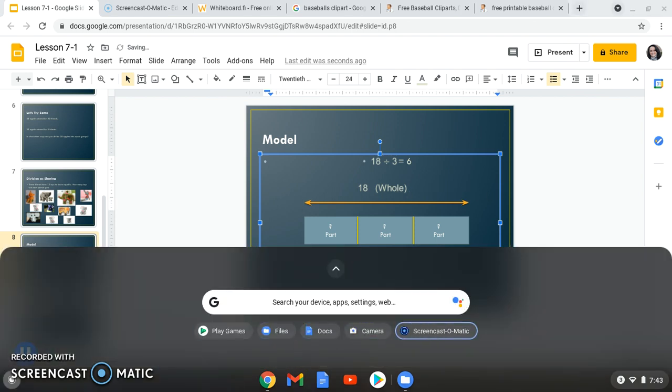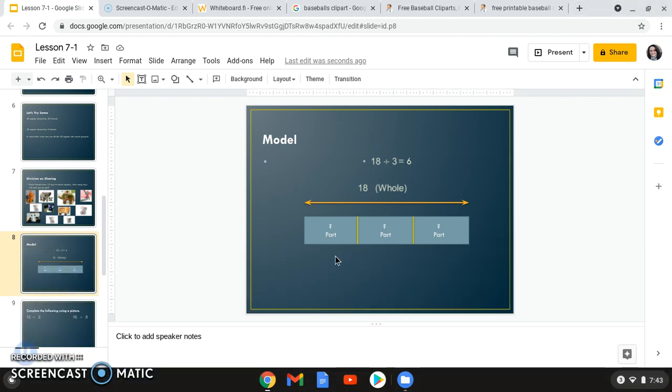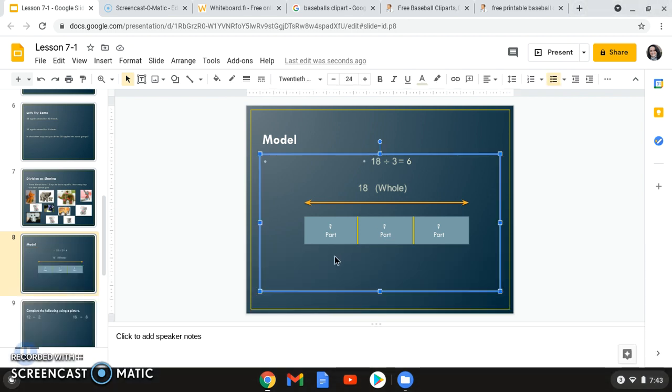So when I put those 6 together, again, it should equal a total of 18. So as you can see, each part equals 6. So if I were to put these together, now remember, when I combine them, combining means I'm going to use addition. If I combine these together, 6 plus 6 plus 6, it equals 18. So now I know that each person would get 6.